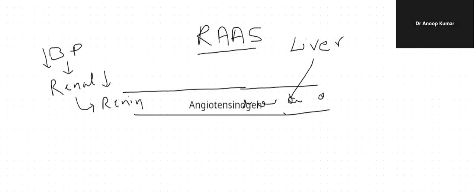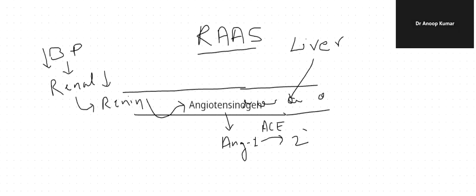So, this renin converts angiotensinogen into angiotensin 1, right? And this angiotensin 1, which is in your blood circulation, is converted into angiotensin 2 by the enzyme. The enzyme's name is ACE, angiotensin converting enzyme. And where are these conversions happening? In the blood circulation.